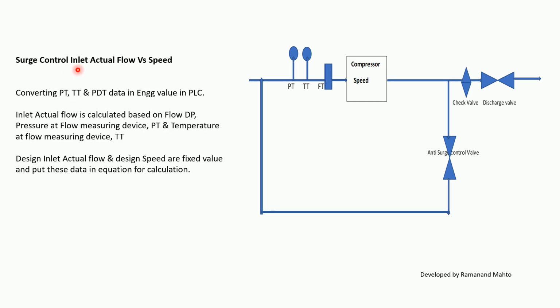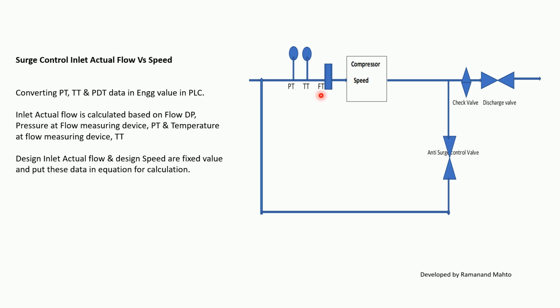Surge control, actual inlet flow rate versus speed. PT, TT and PDT data are converted into engineering values in the PLC. After this, actual inlet flow is calculated based on the differential flow dP, the pressure at the flow measuring device, that is PT, and the temperature at the flow measuring device, that is TT.